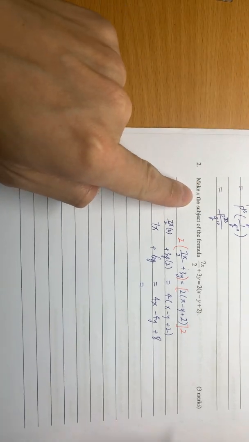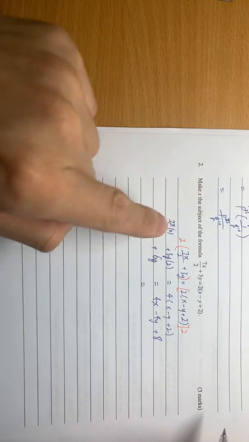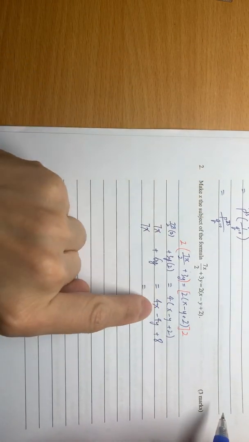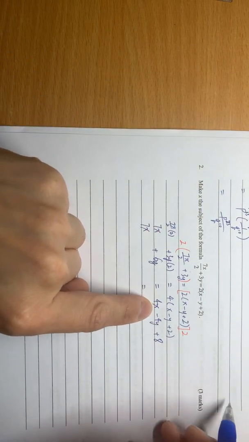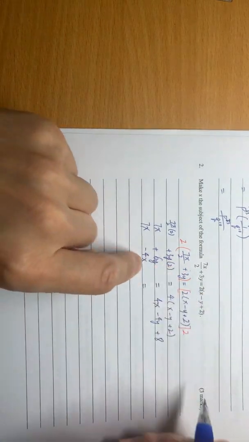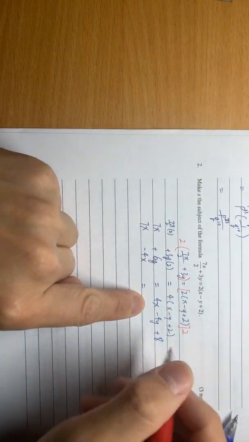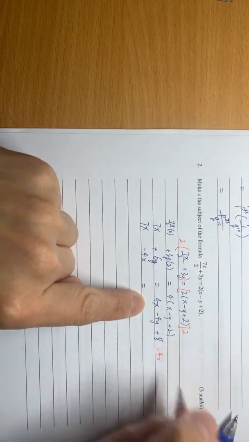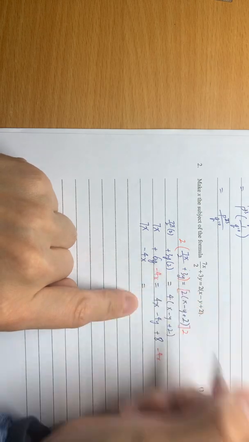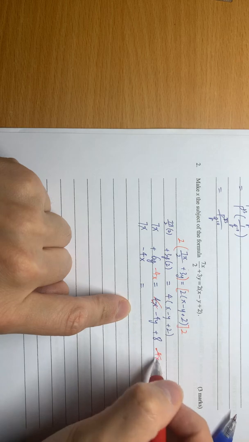Our target is x, so we group everything with x to the left hand side. X stays here. I want this x, but don't forget it. How you can move positive 4x to become negative 4x is because you minus 4x on both sides. Not necessary to write it down, but every time you should remind yourself, basically you're doing something like this. That's why this one disappeared.